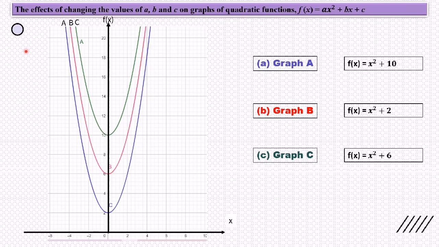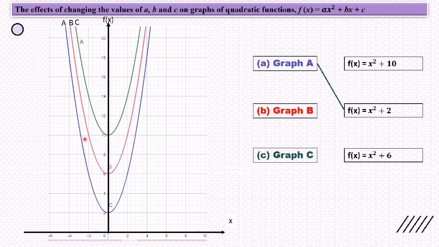Now we answer the question. For graph A, what is the value of c? The value of c equals 2. So the answer for graph A is f(x) equals x squared plus 2.